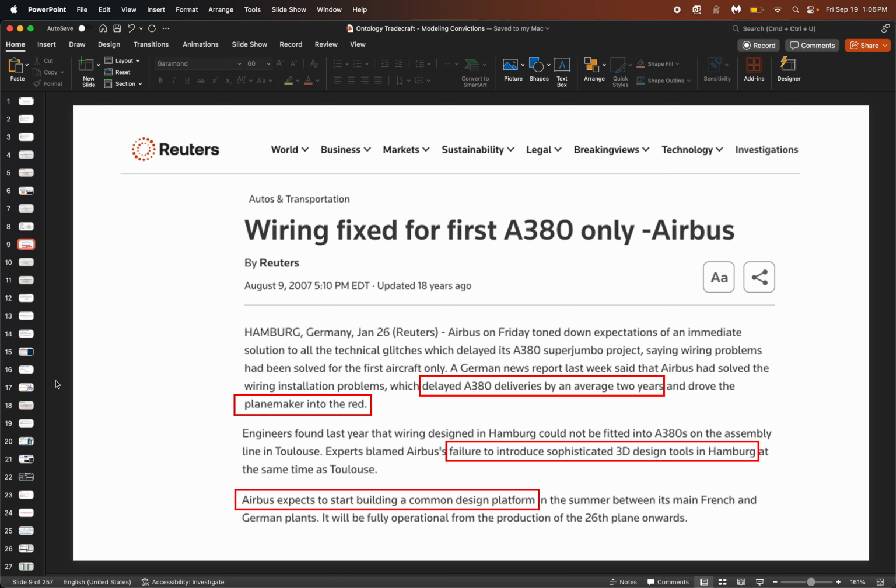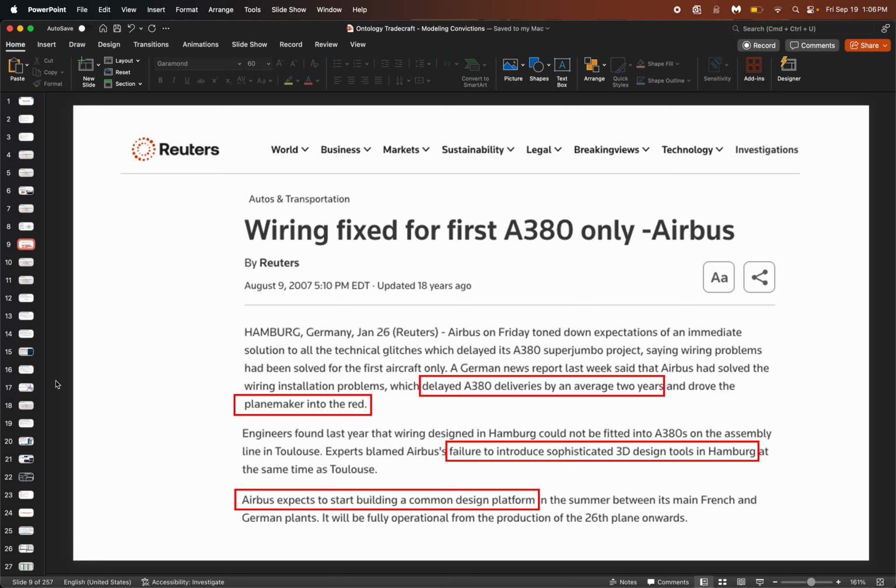Unfortunately, there was some miscommunication with respect to how the wiring was supposed to be constructed. Maybe different units of measurement were used. It's not really clear. All that's known is that when the wiring was brought into contact with the chassis of the airplane and run through the eye holes and whatnot to go up and down the plane to allow for electrical transmissions throughout the cabin, it turns out it was too short.